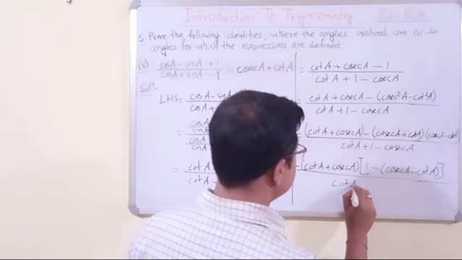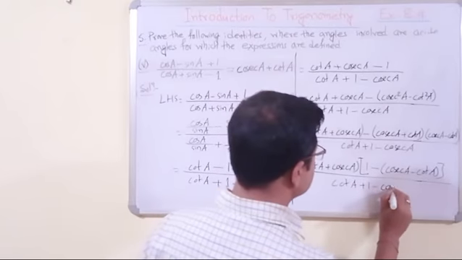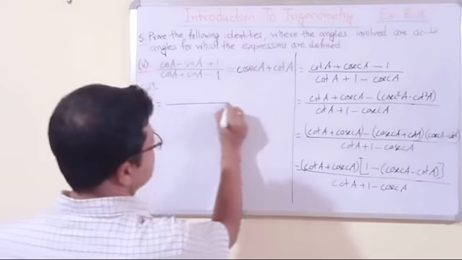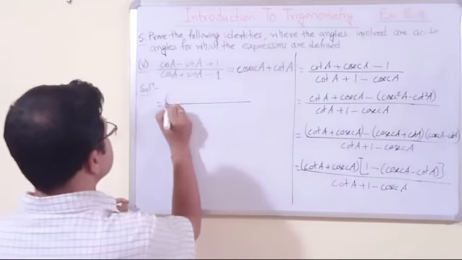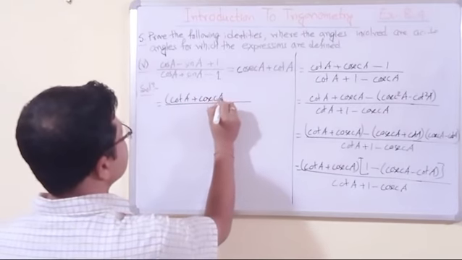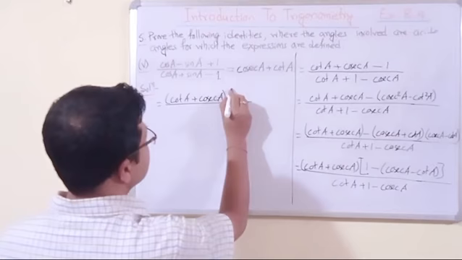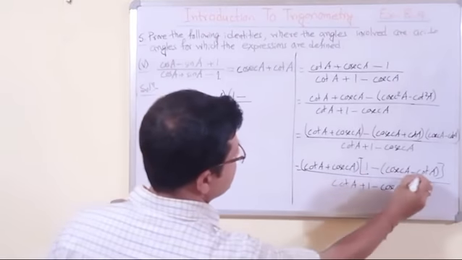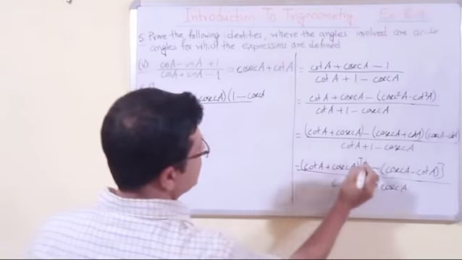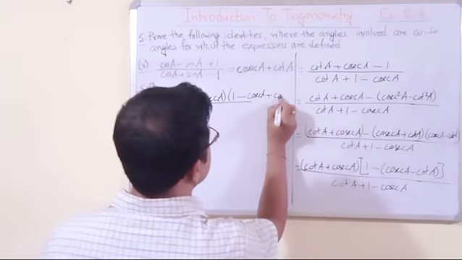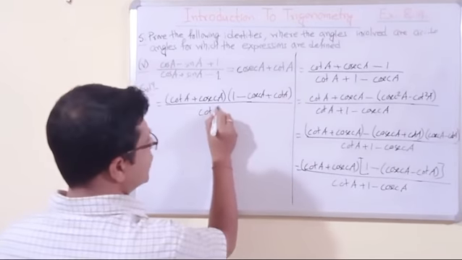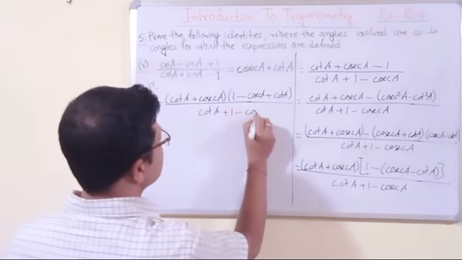The denominator is cot a plus 1 minus cosec a. Okay, now let us do the remaining part. So this is equal to cot a plus cosec a, times 1 minus, how can we simplify this? This is cosec a, minus minus becomes plus cot a, and here it is cot a plus 1 minus cosec a.